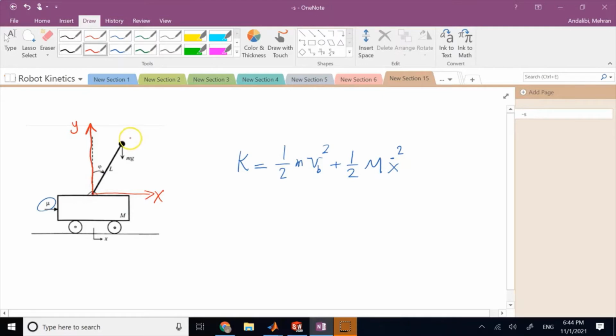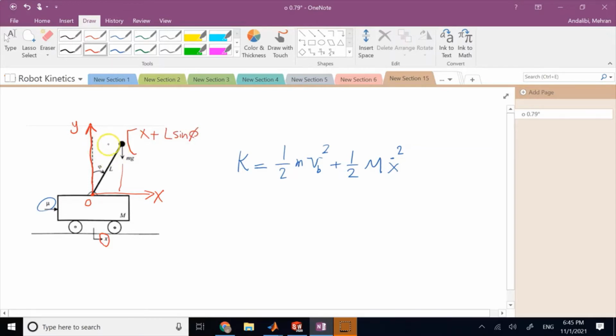So if I ask you what is the coordinate of this pendulum in this frame, you say that, well, the x of the pendulum is x of this point O, the origin, which is defined by the x of the cart, and then plus this distance here, which is clearly L times sine of phi.